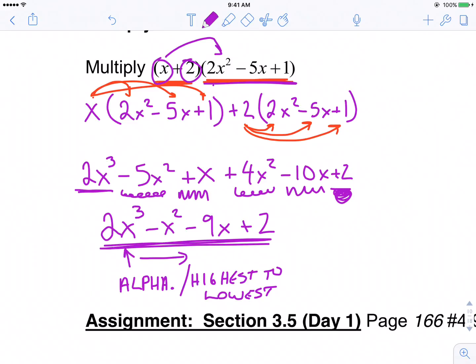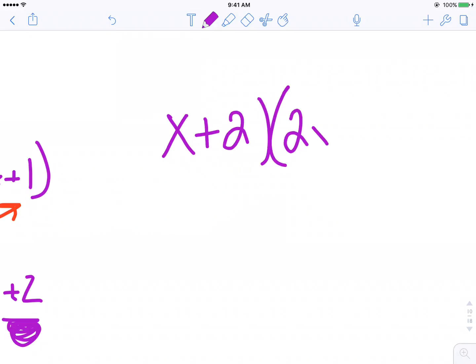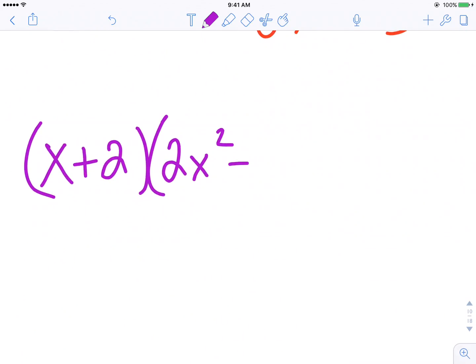One quick shortcut that you hopefully will get to the point where you're able to do would be something kind of like this. So I've got x plus 2 times 2x squared minus 5x plus 1.